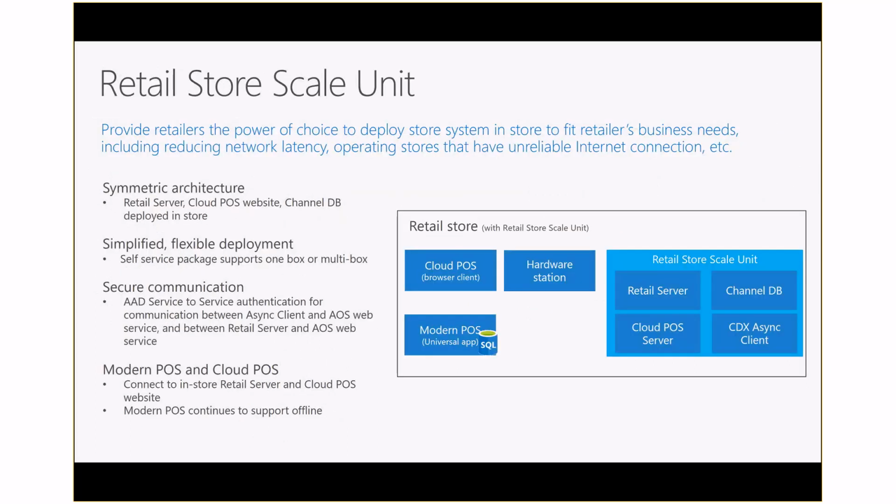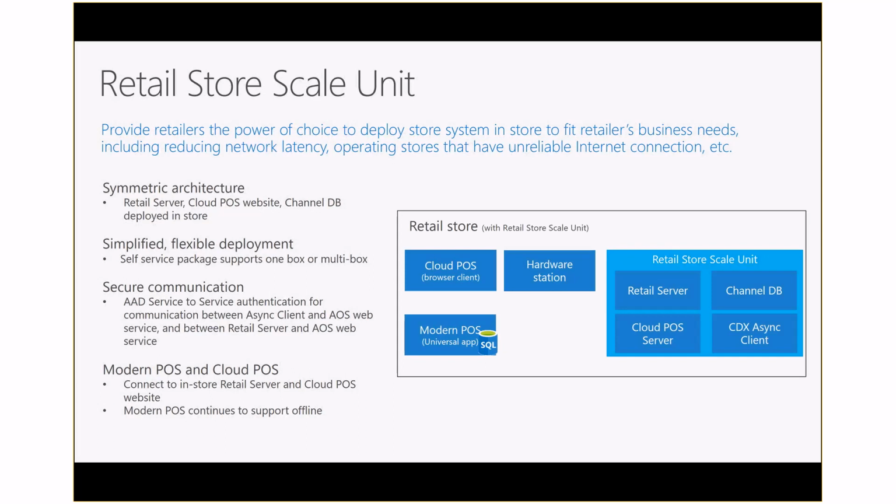Now that we have learned about all the components that the retail solution comprises of, let's go a little more into detail on what actually has been new since update 3 or the 1611 release of Dynamics 365 for Operations, which we call the Retail Store Scale Unit.